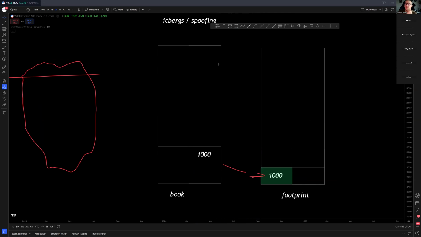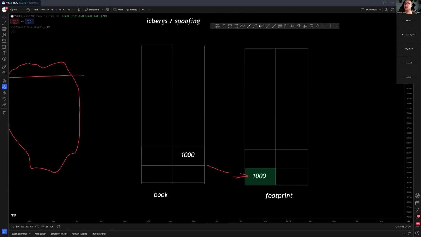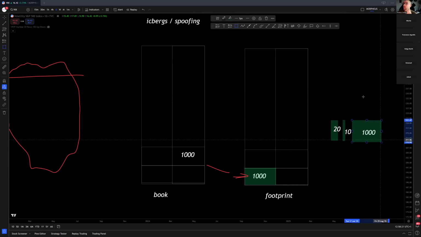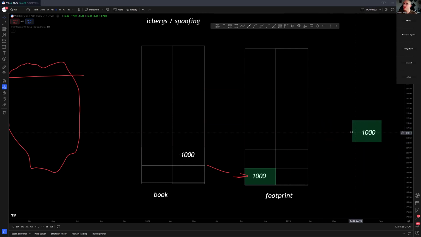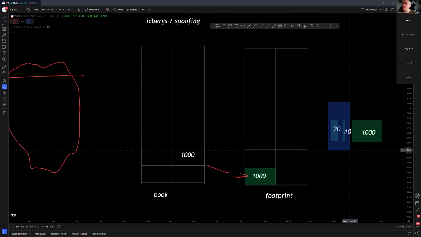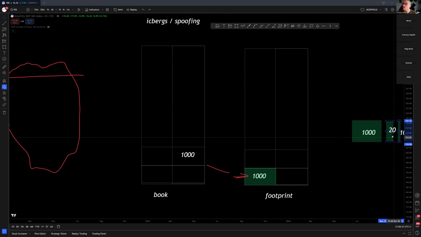Because as I told you, in a chronological way, this guy, let's say maybe there's like 20 contracts in the front of the queue. And then he puts his 1,000 contracts here. If these guys get executed, now it's up to him. But probably he will have other people in the queue.